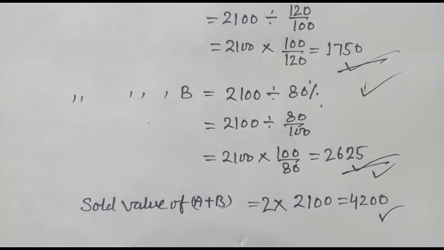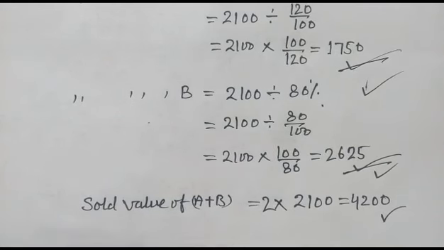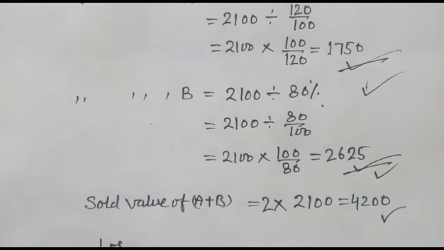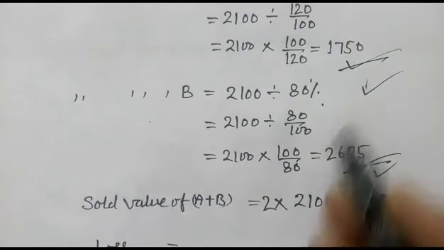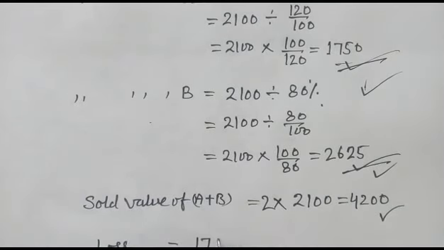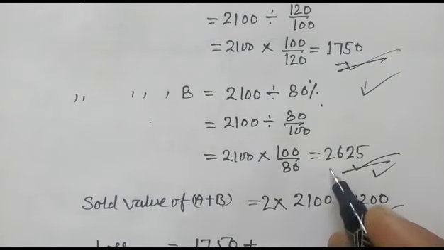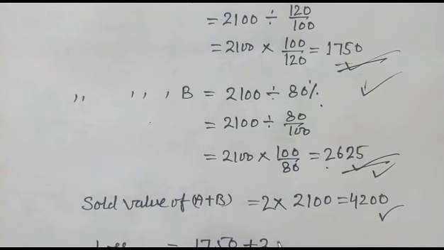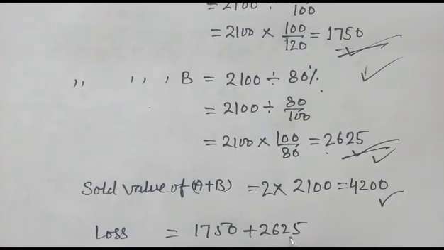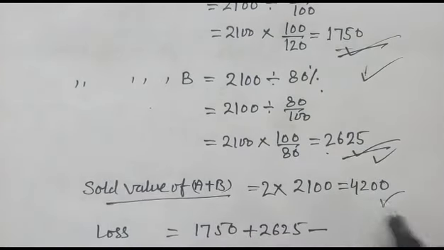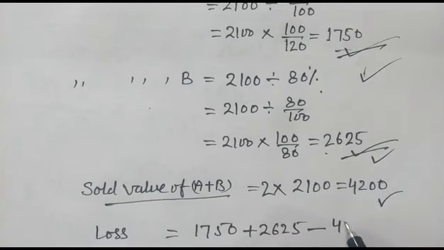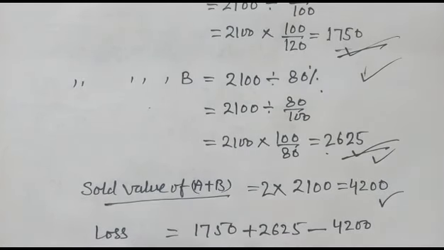So after all, he is getting a loss. Loss will be 1750 plus 2625, the original value of A and the original value of B, minus the sold value of A plus B, 4200, right?